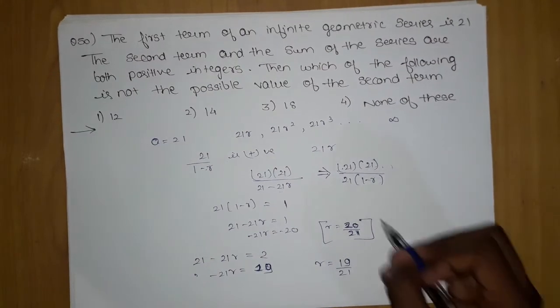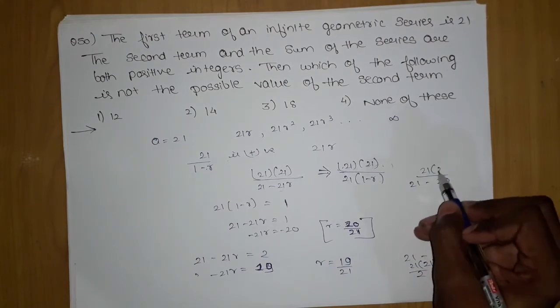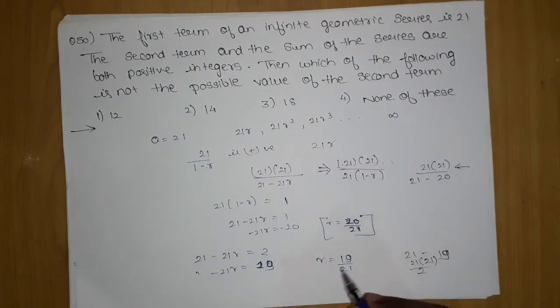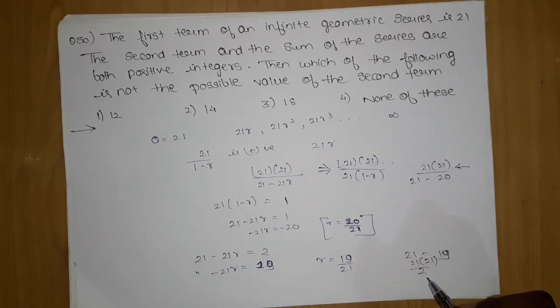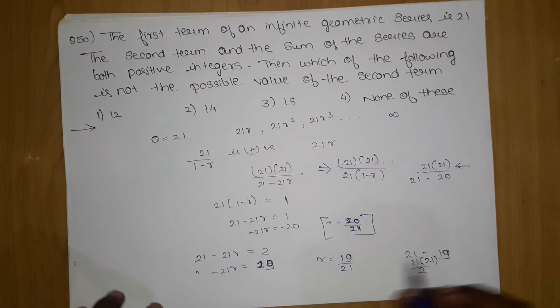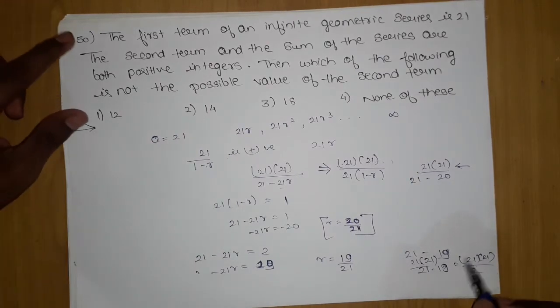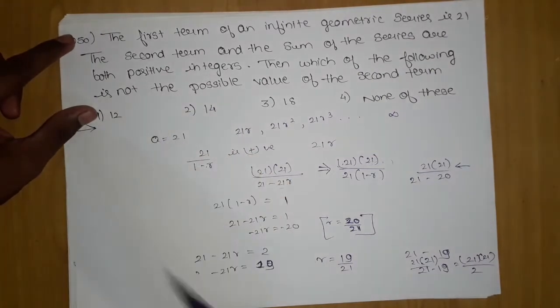But with 21 minus 20 upon 21 into 21, I am getting a proper integer, while here I am not. Instead I will get a random value, 21 into 21 upon 21 minus 19, which is 2, so 21 into 21 upon 2. It will not give me a perfect integer. I want a positive integer.